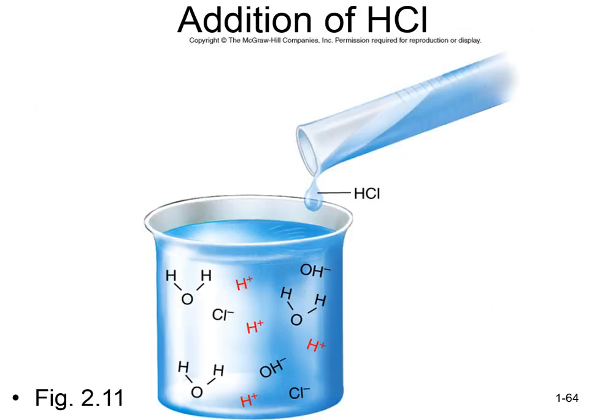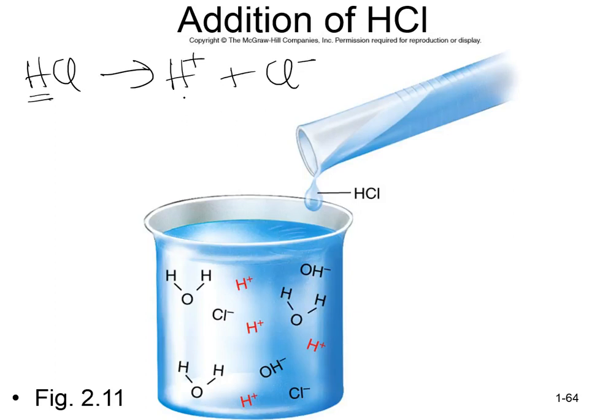So what does it mean when you say release hydrogen ions? For example, HCl is an acid. When you dissolve HCl, the HCl is going to release hydrogen, so you have H plus and Cl minus.